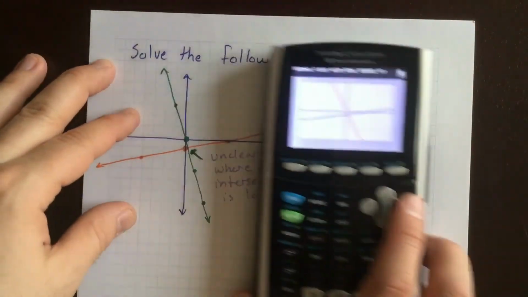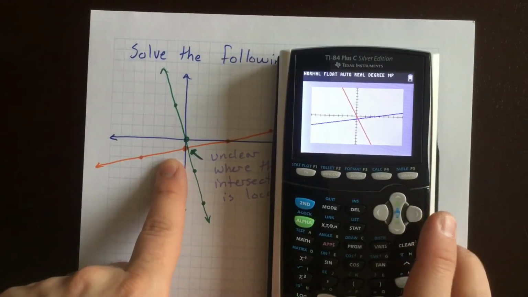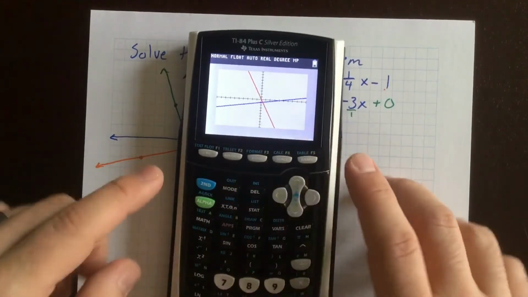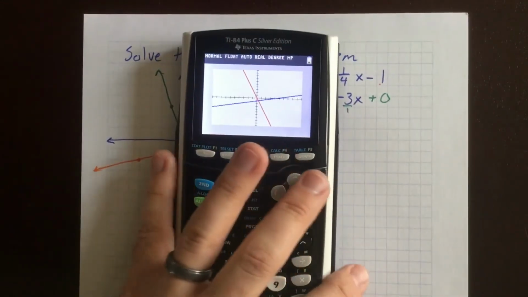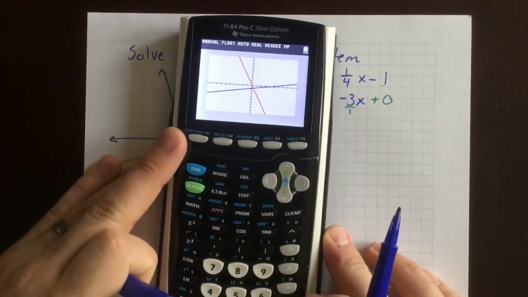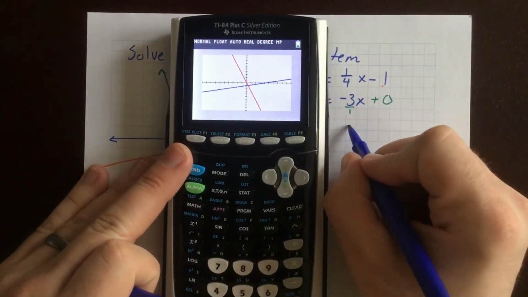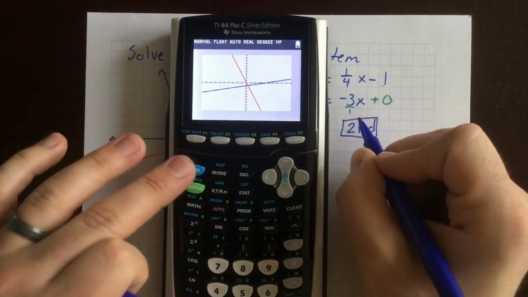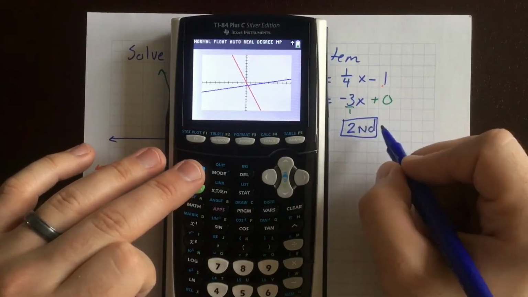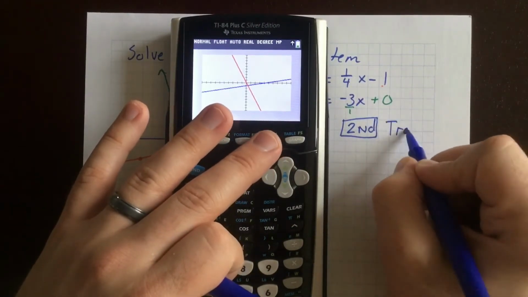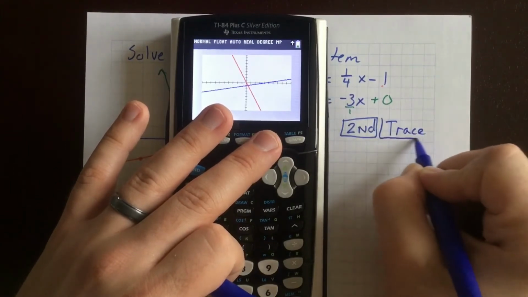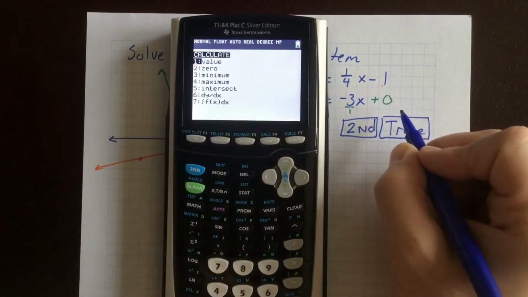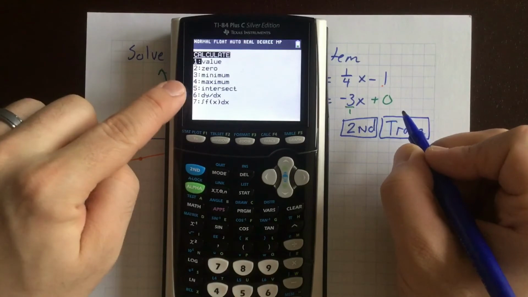Alright, so if we compare this to what we have, yeah, looks good. We graphed it right. So to find the intersection with our graphing calculator, we hit second, and then we hit trace. We get this list. We want intersect.